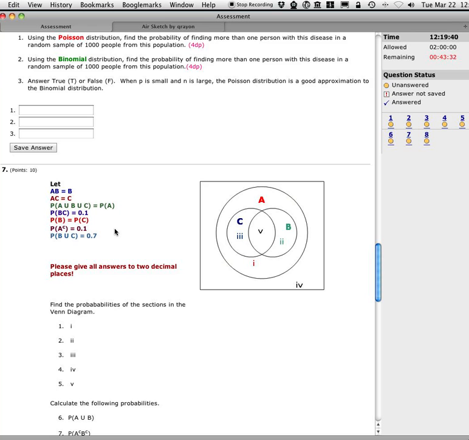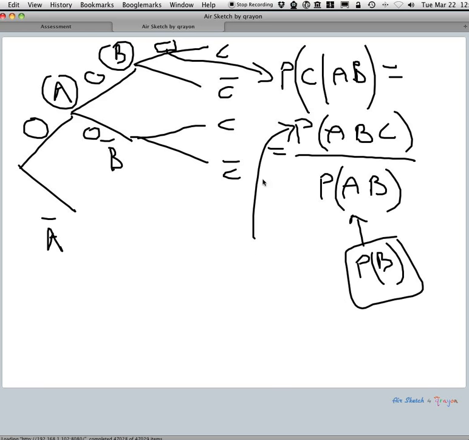Well, this is the probability of the intersection between these three. I'm writing here, this is the intersection between A, B, and C. And what's the intersection between A, B, and C? If B and C are subsets of A, well, this is just the probability of B and C.